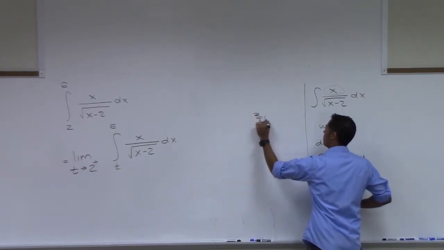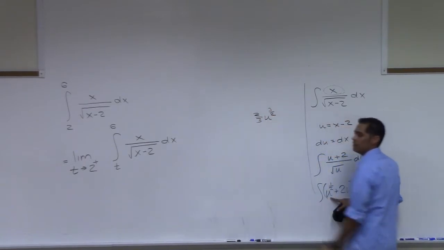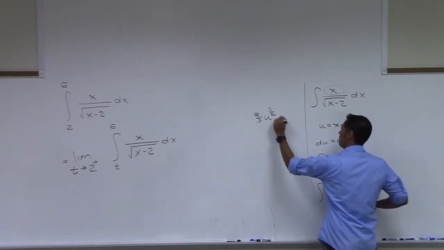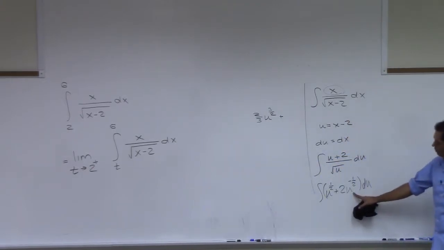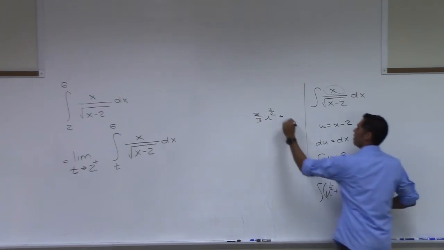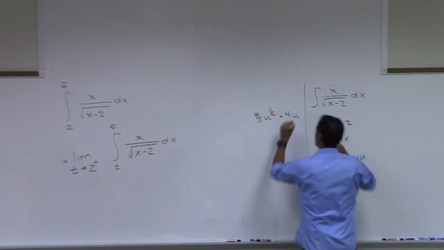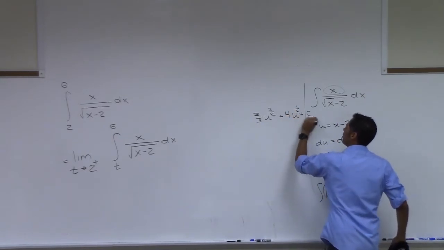2/3 u to the 3 halves, right? And then the antiderivative of this one should be 4u to the half. Not negative. u to the half plus c, right?